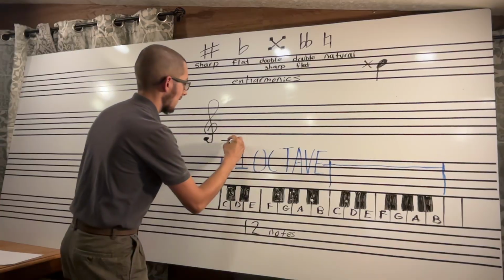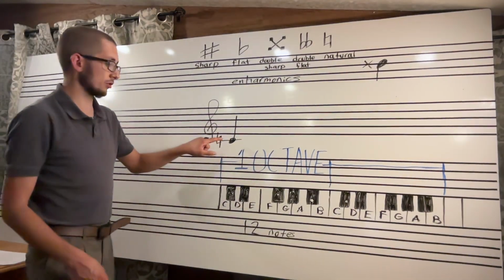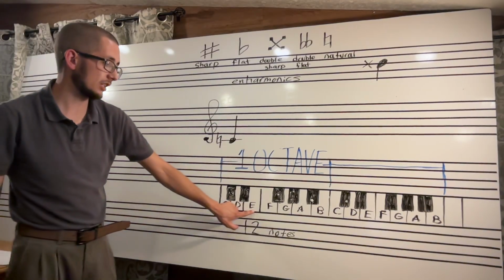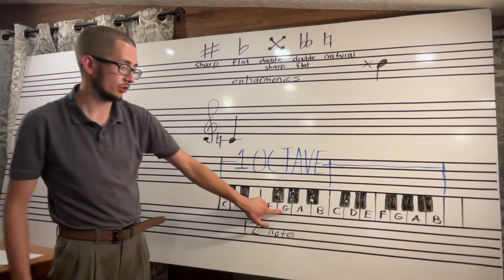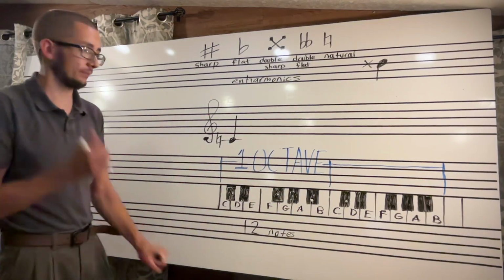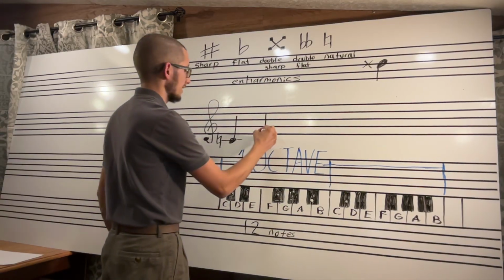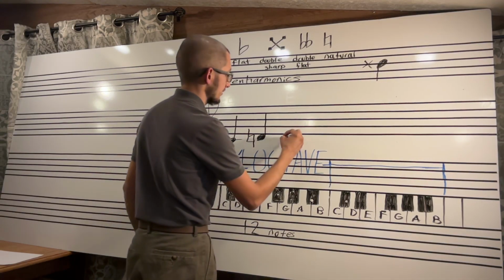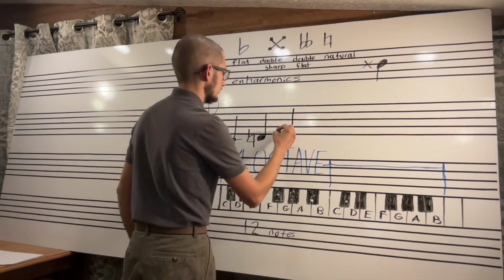So you can have C natural, D natural, E natural, F natural, G natural, A natural, and B natural. And this is referring to just the white key with no sharps or flats altering it.